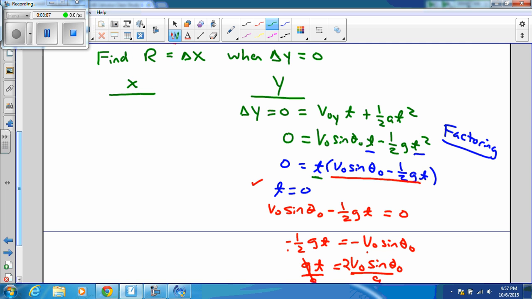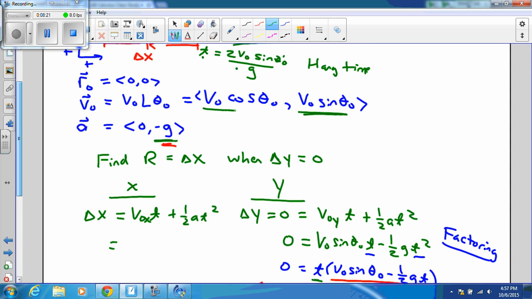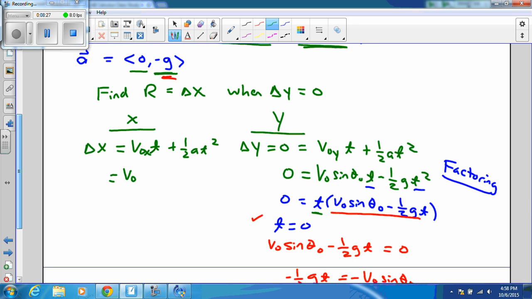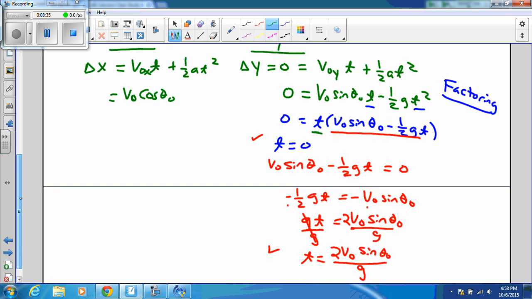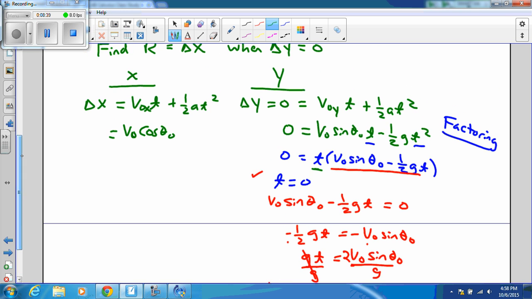Okay, so I've got my two solutions for t. And now we remember that the thing that carries across the columns is t. And so if I'm looking for delta x at the time t when it hits the ground, then I can come over here and substitute for my delta x using the x component of the velocity and the x acceleration, which is going to give me v0 cosine theta times the t that we found down here, 2 v0 sine theta over g.